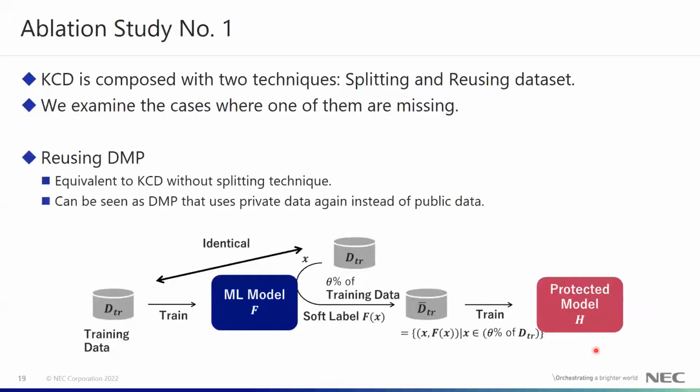We conduct further experiments to understand how KCD protects machine learning models. KCD is composed of 2 techniques, splitting and reusing the dataset. We examine the cases where one of them is missing. First scheme, reusing DMP.